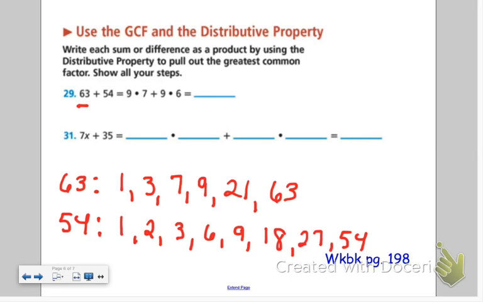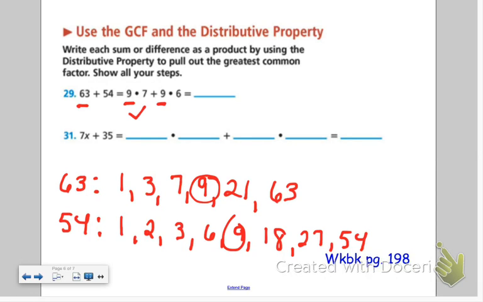So those are all my factors of 54. Now obviously they have 1 in common, they have 3 in common, they also have 9 in common. It looks like 9 is the greatest common factor here, and you can see that they've rewritten it here.